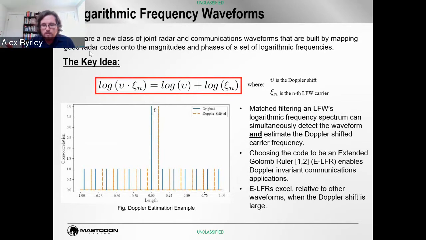By doing this, we can simultaneously detect a waveform and estimate its Doppler shift. Now if we choose the radar code to be what's called an extended Golomb ruler, we are going to enable Doppler invariant communications applications. These waveforms, specifically extended logarithmic frequency rulers, excel relative to other waveforms when the Doppler shift is large.